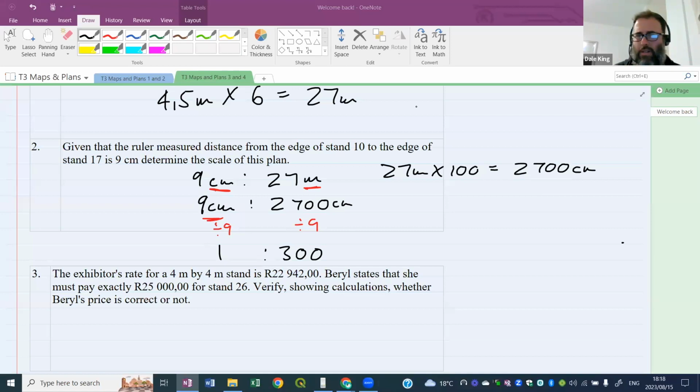Is her price correct? Now, what on earth are we going to do here? She says for stand 26, where is stand 26? Let's have a look at it.